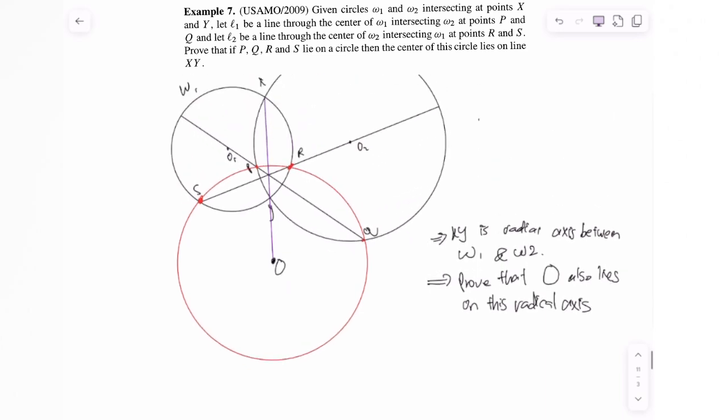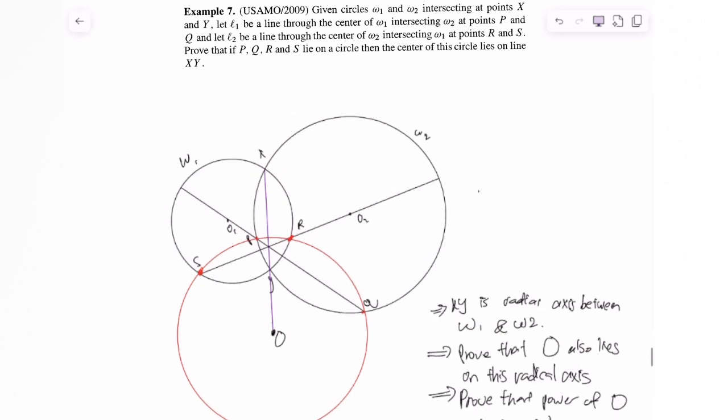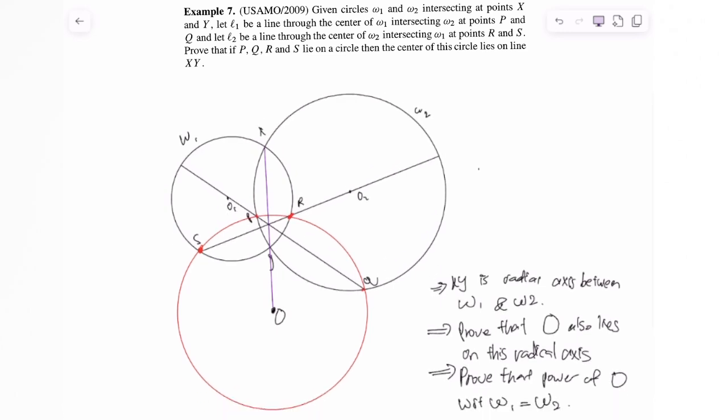What this means more concretely is prove that the power of big O with respect to W1 equals that of W2. That is a more concrete way of saying that O lies on the radical axis of W1 and W2.